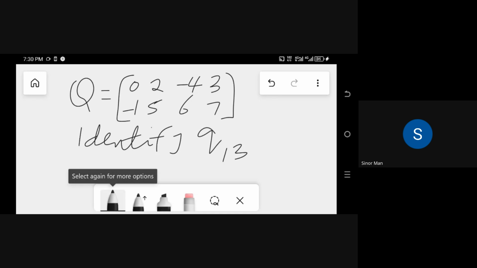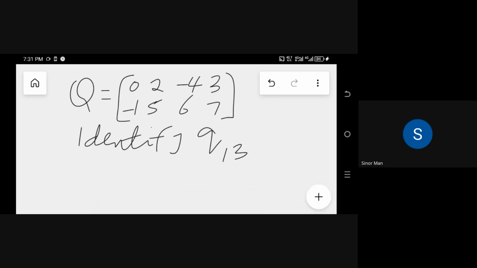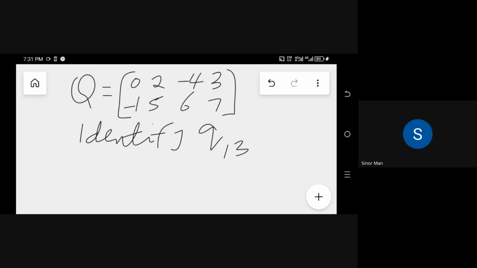Now you're being asked to find Q13 because the name of the matrix is matrix Q. Now find Q13. Q13 is the element in row 1, column 3. So who can tell us the element in Q13?